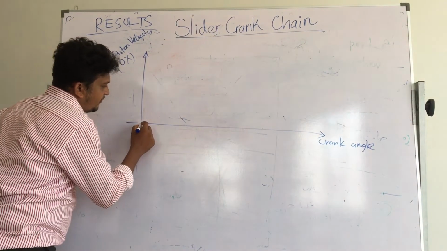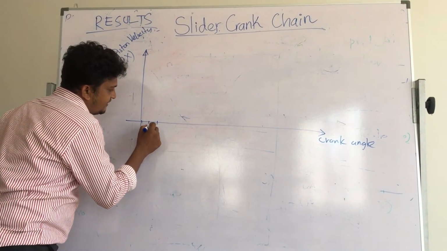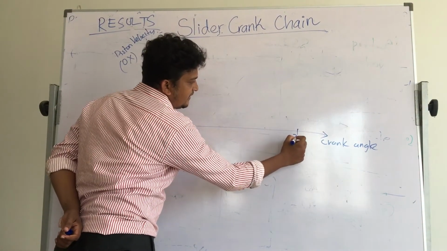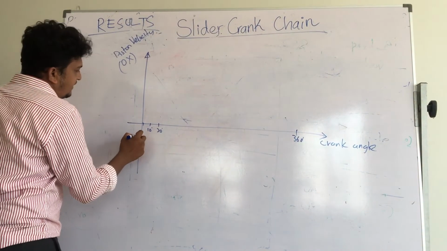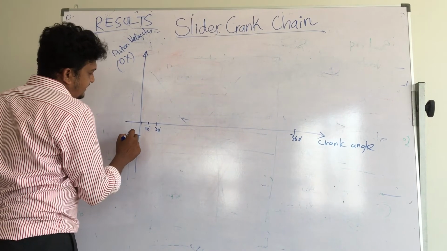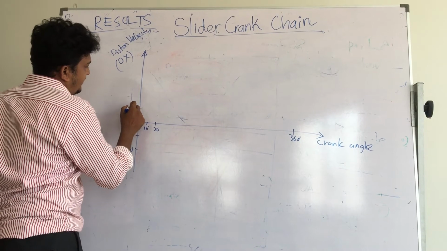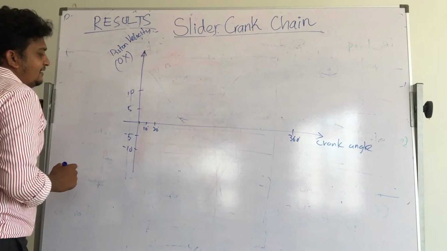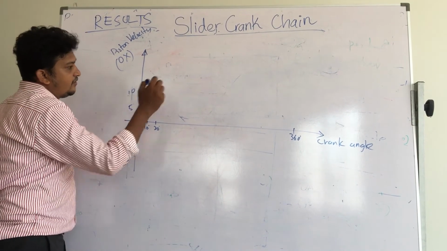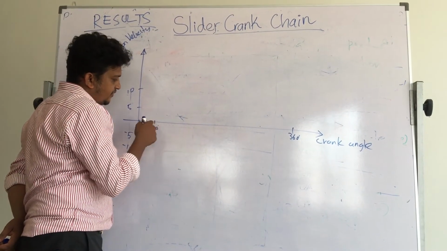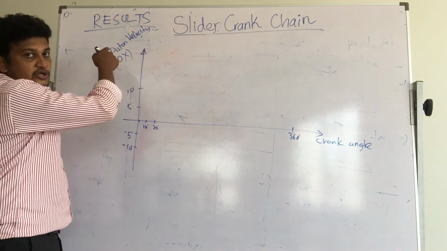Then you divide the scale into every 10 degrees until 360, and on the y-axis mark minus 5, minus 10, and 5 and 10. Then you have to plot. You know the crank angle, so for the corresponding crank angle you know the velocity also.